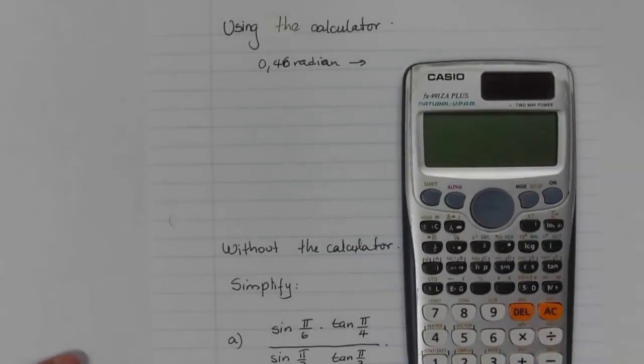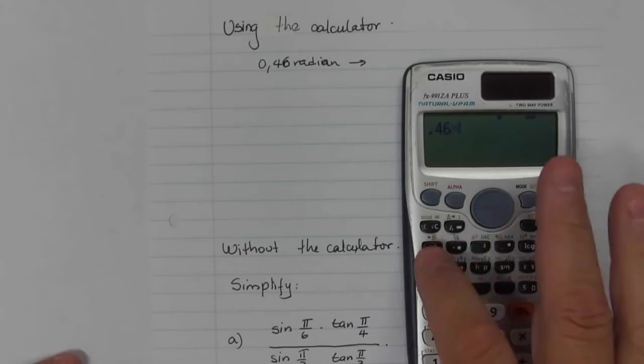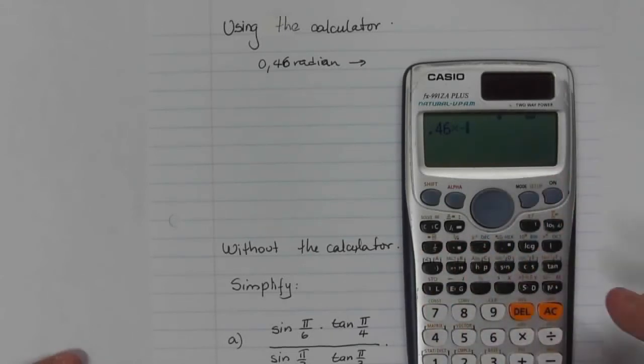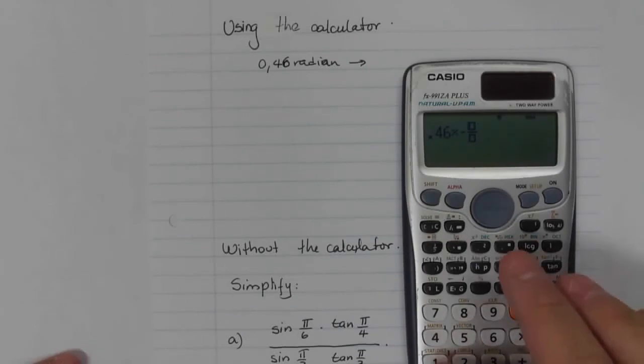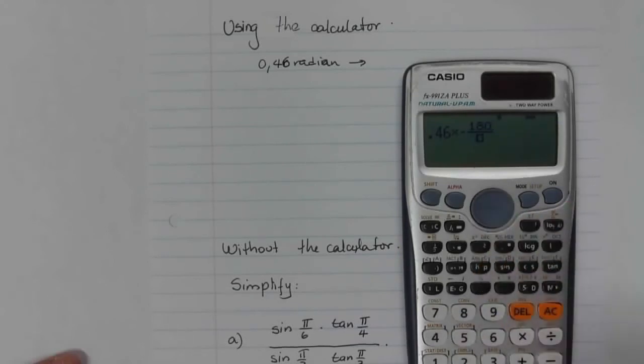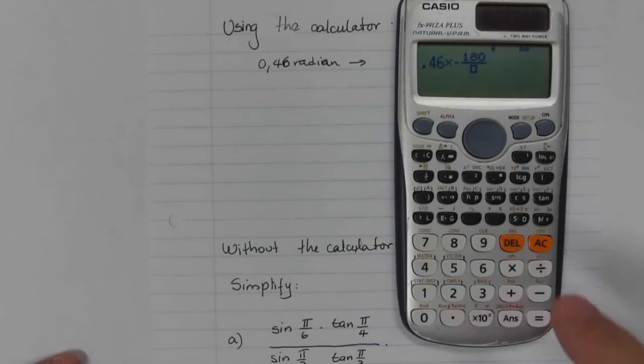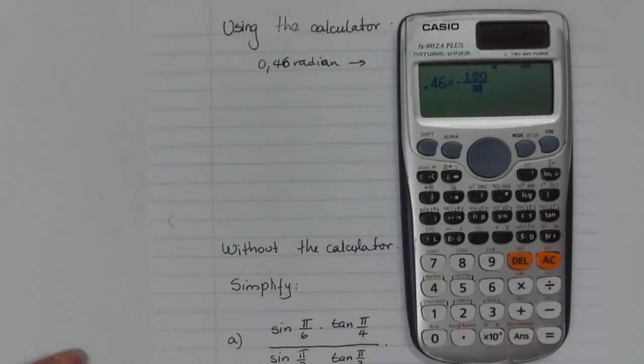We say 0.46 times, and I use the fraction function in the calculator: 0.46 times 180 over pi. Remember that you have a pi in your calculator at the bottom here. I'll press shift and that key to give you the number pi, and press equal.